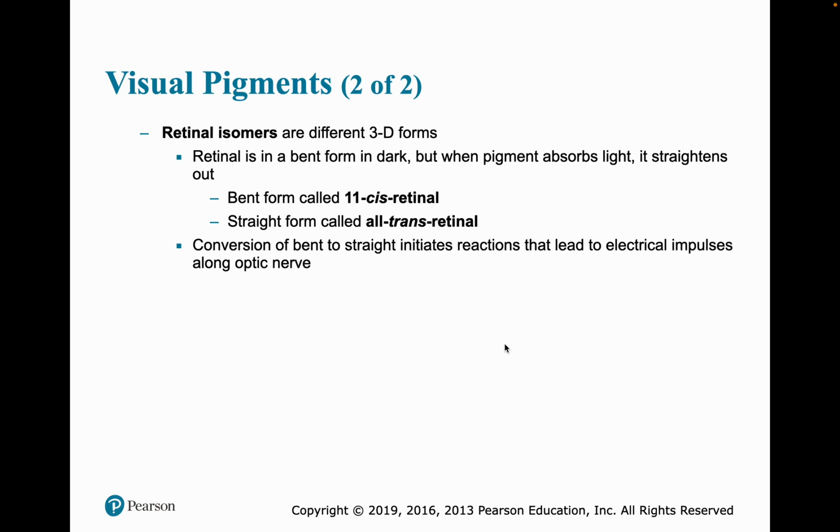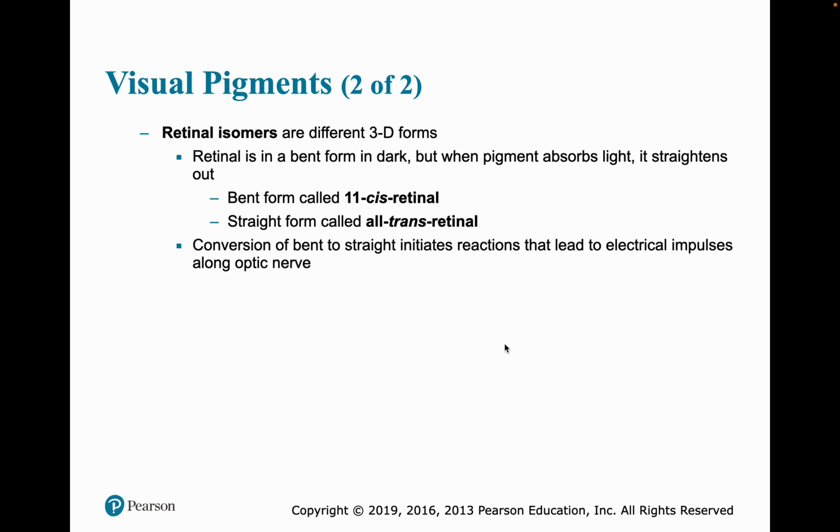There are isomers of these retinols. Isomers, if you remember from chemistry, are differences in three-dimensional form. Cis or trans is a common way to describe them. So retinol is bent in the dark, but when it absorbs light, it straightens out.